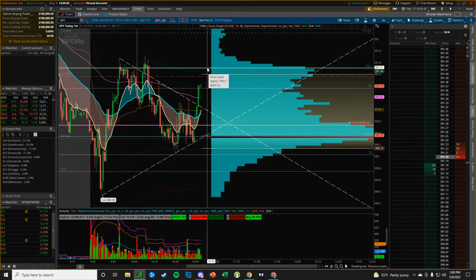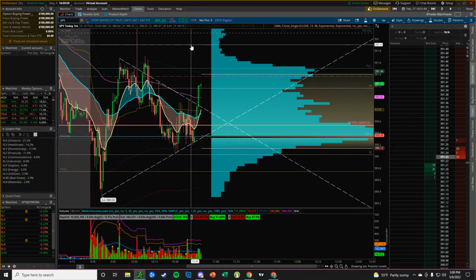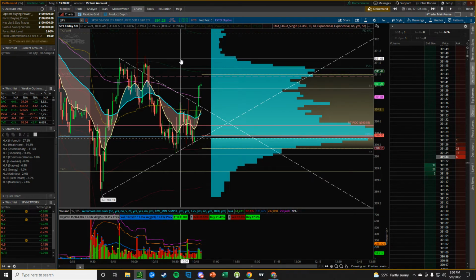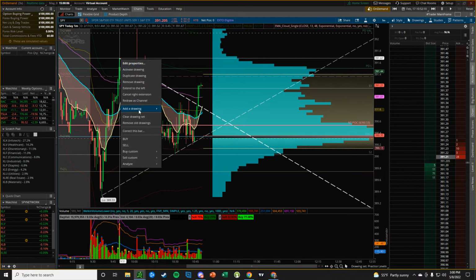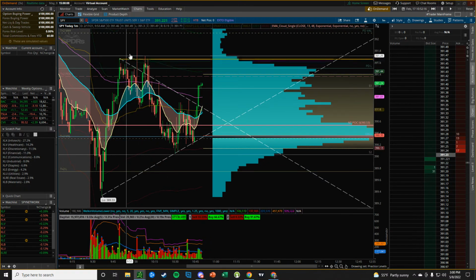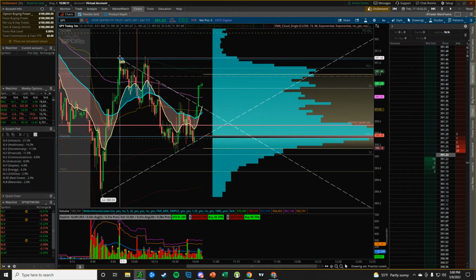Well, if we're still playing to the balancing theory, we will be looking for a peak to short. So I guess maybe we don't need to get rid of that line that we had drawn in before.